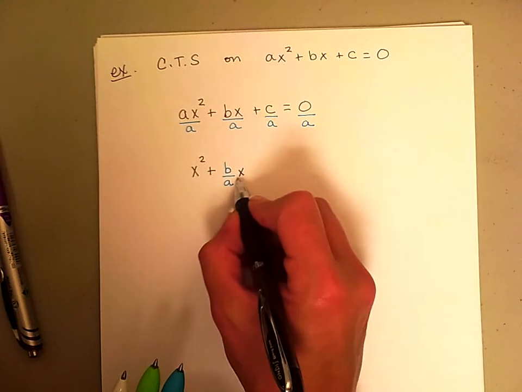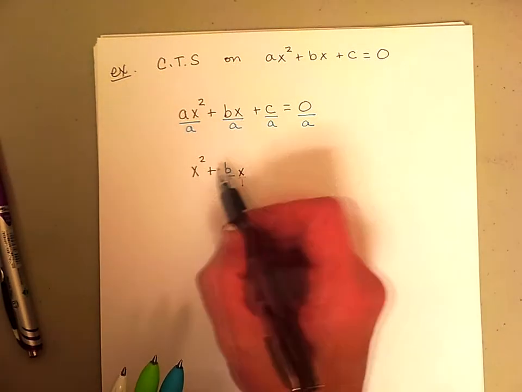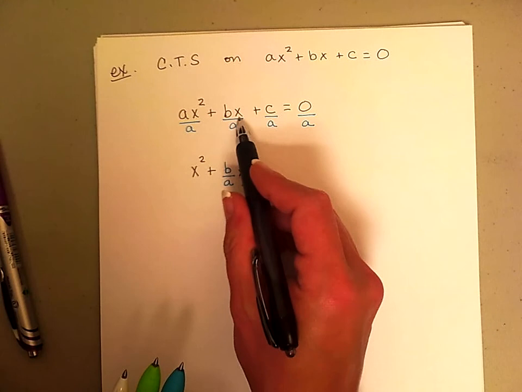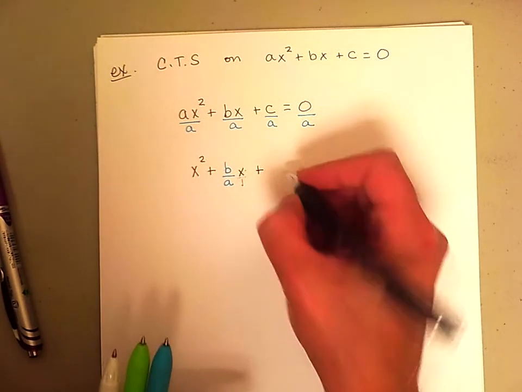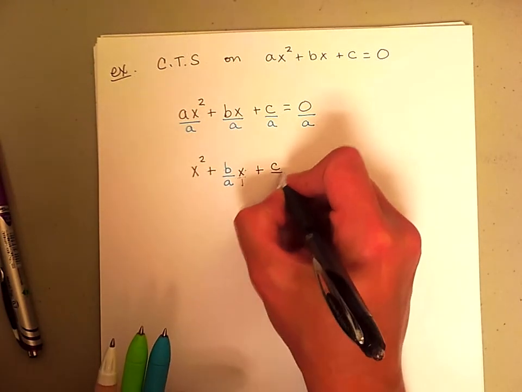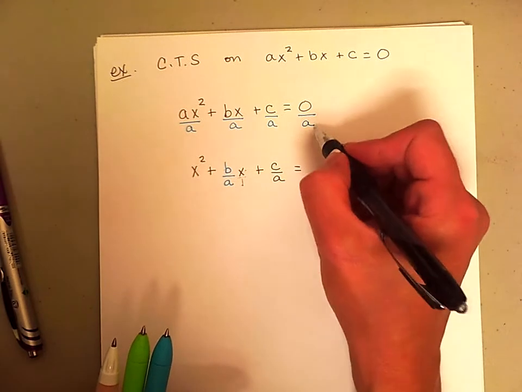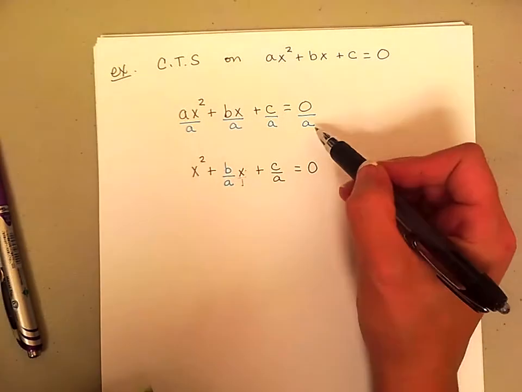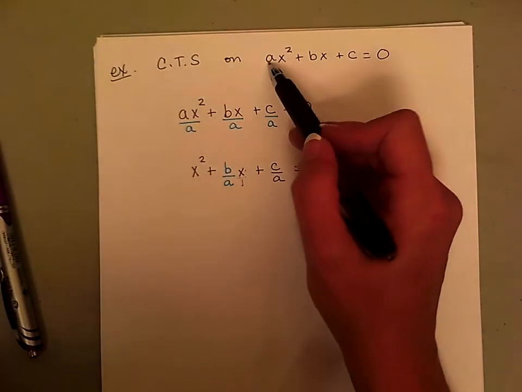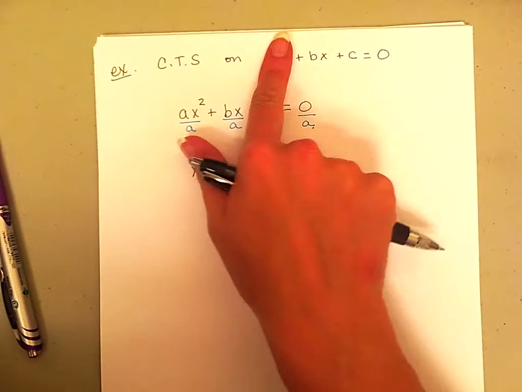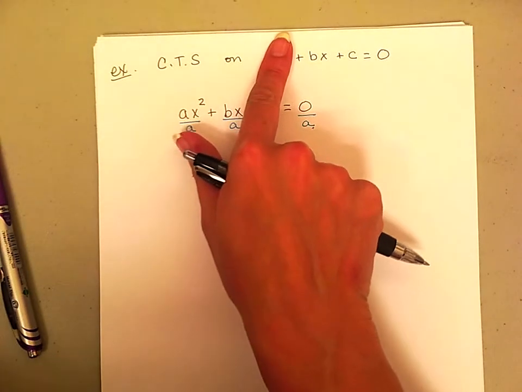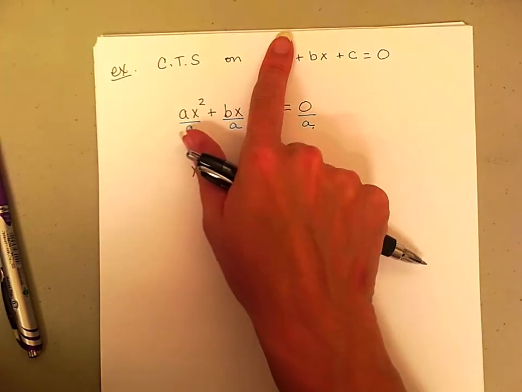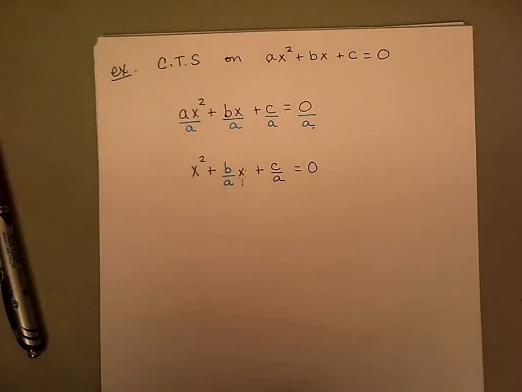Okay? Because you can think about this as x over 1, and then we would get bx over a. Okay? Plus c over a, and 0 divided by anything that's not 0 is 0. a cannot be 0. If a was 0, we would simply have bx plus c, and that would be linear. Okay. Alright.